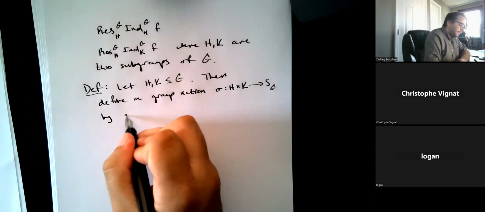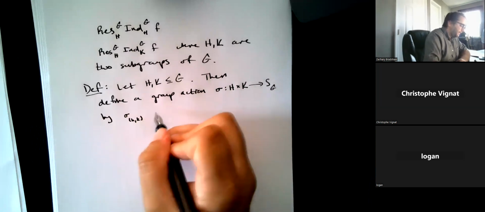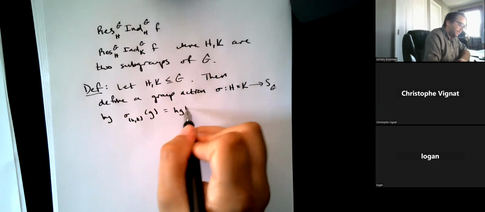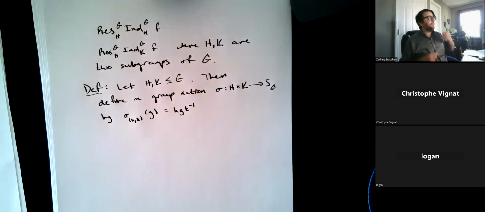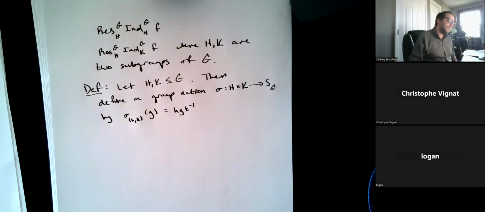We're going to define it in this way. Take the elements h and k, and the way we act on g is by h g k inverse. So it's like we're conjugating by an element h, except the latter element is an element of K.